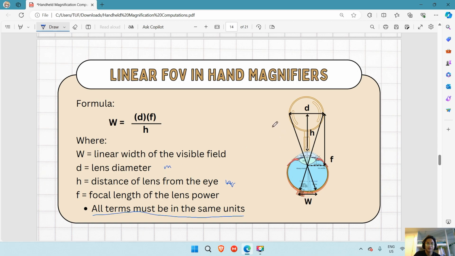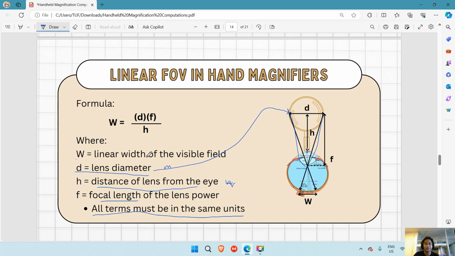Let's go through them one by one. Our D is the lens diameter, the diameter of our magnifier. H is the distance of the lens from the eye. For our focal length, it is produced by the lens power.